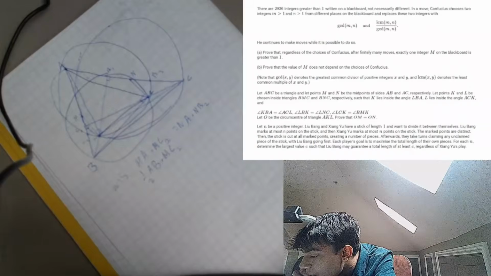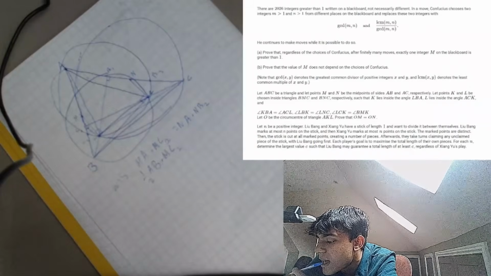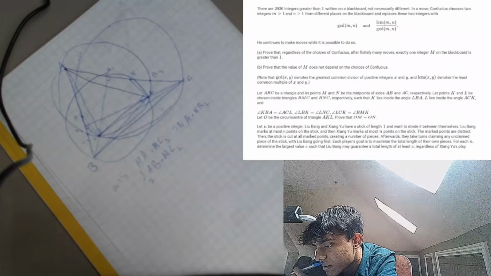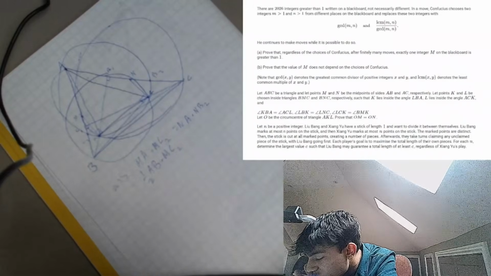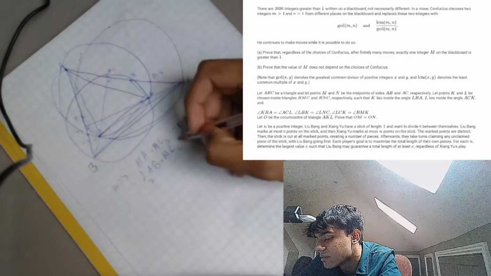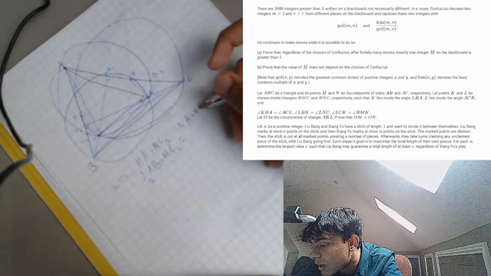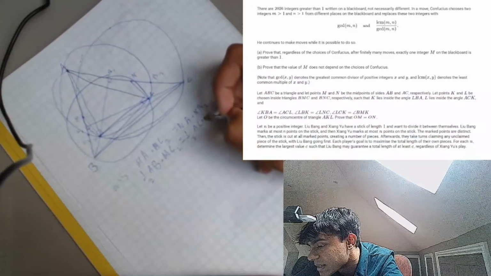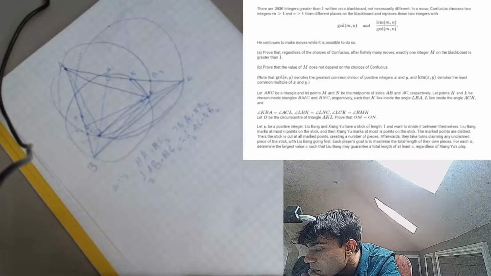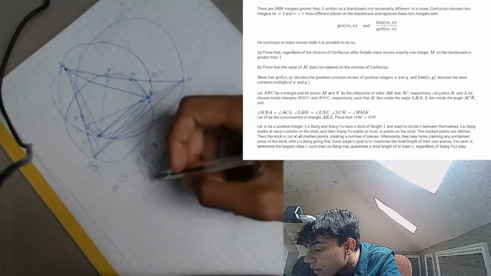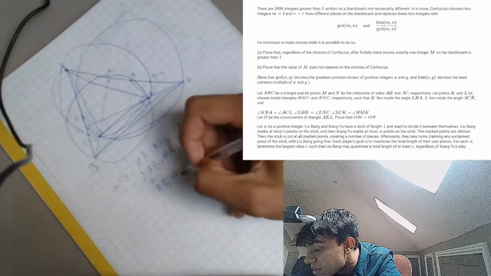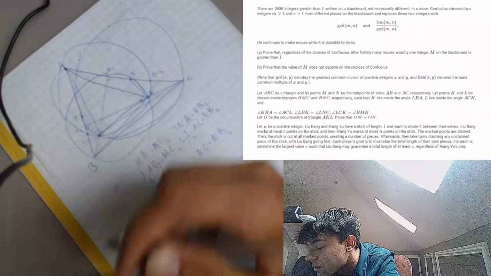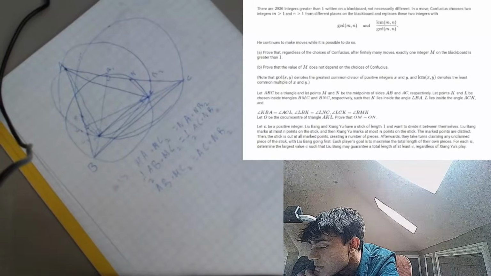So I want to get something like AC2 times AB is AB2 times AC. That's the dream. If that's true, that's really nice, but we might not be able to get that. So NA is half AC, times NB2. AB times MC2 is AC times NB2. Yeah, I don't think this is.